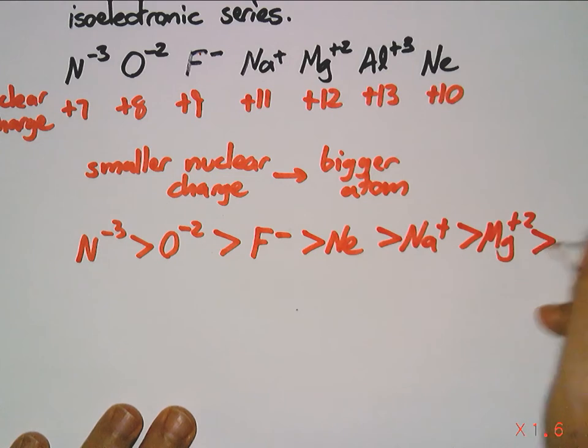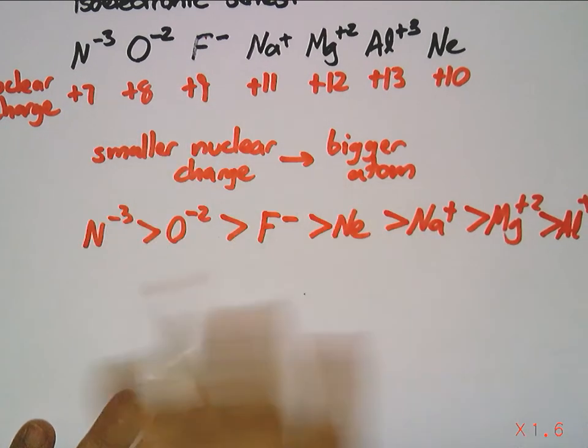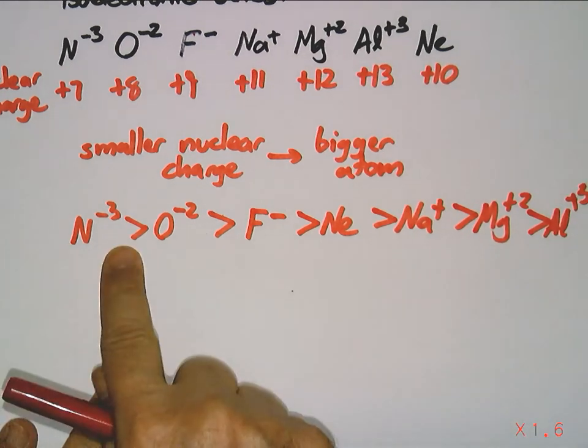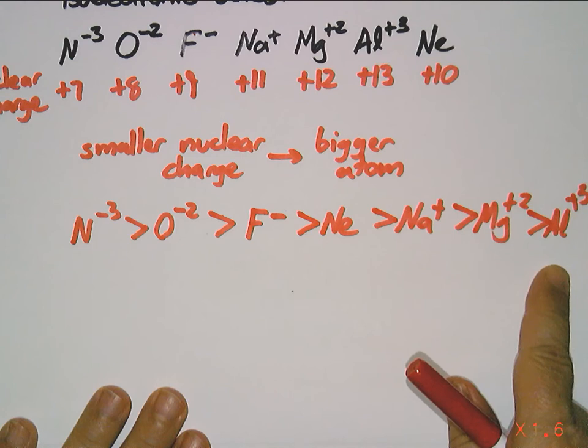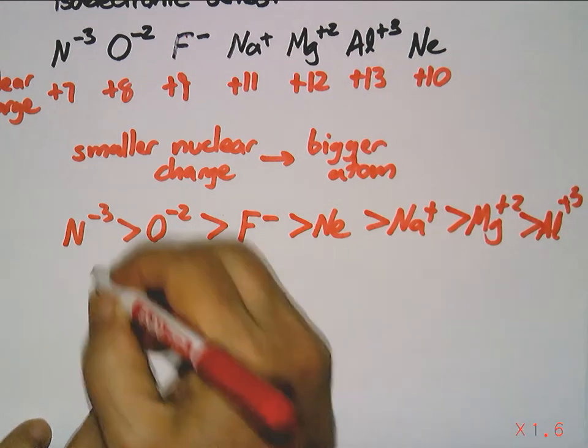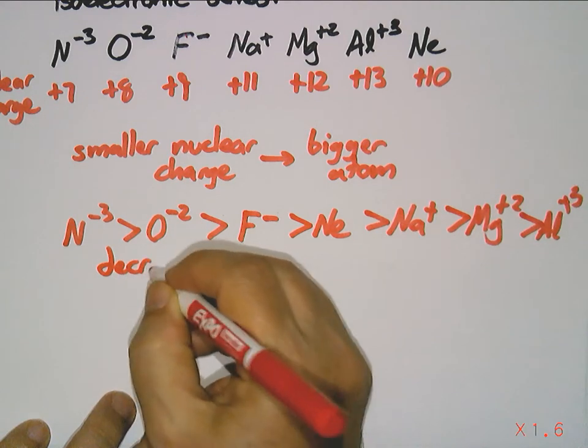And then I put those all in order in the isoelectronic series, from biggest to smallest in this case. So if they would have asked me decreasing order, I would have had it right.